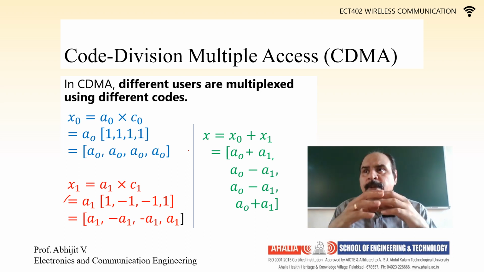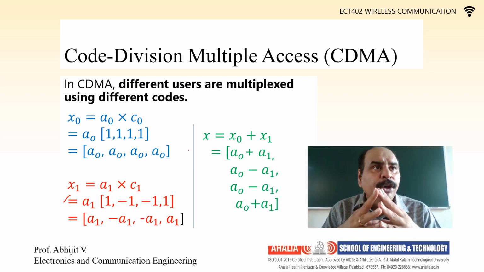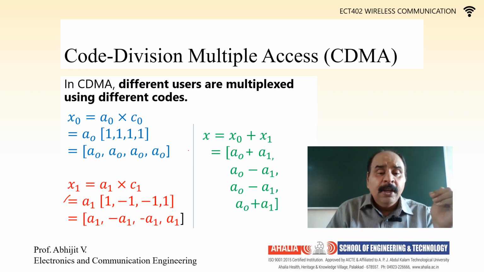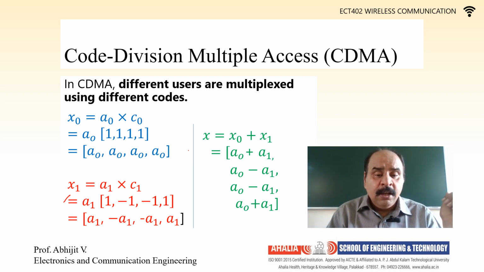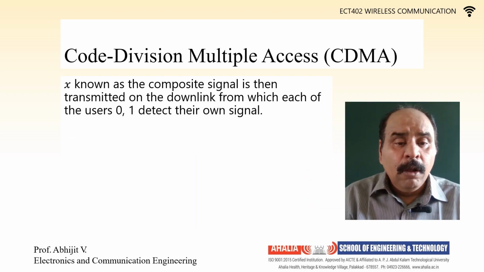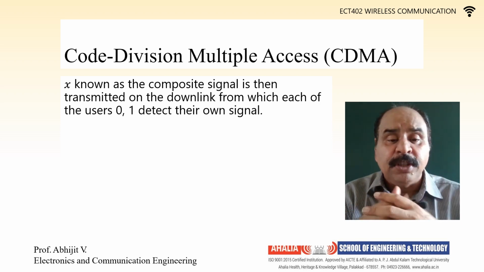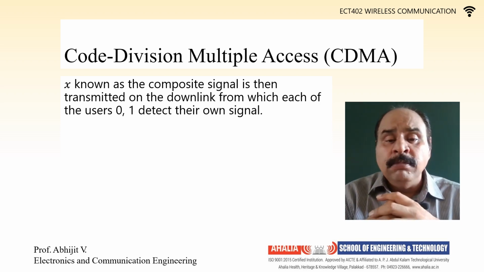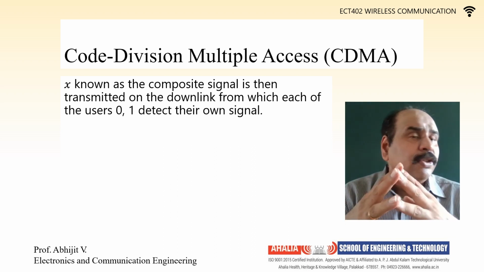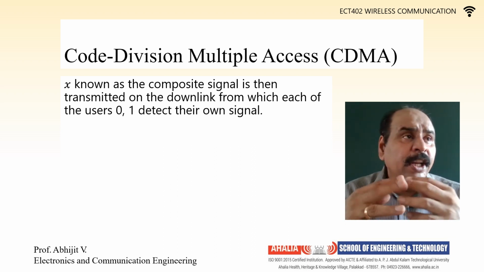Now what we'll see next is what we are going to do at the receiver's end. The transmitted signal after multiplexing is x. x is known as the composite signal, and it is then transmitted on the downlink to each of the users, 0 and 1, to detect their own signal.